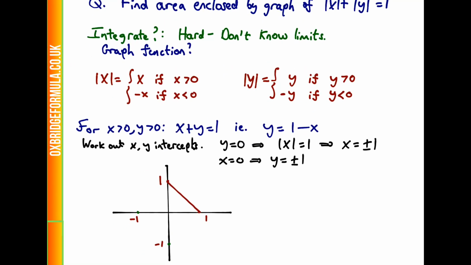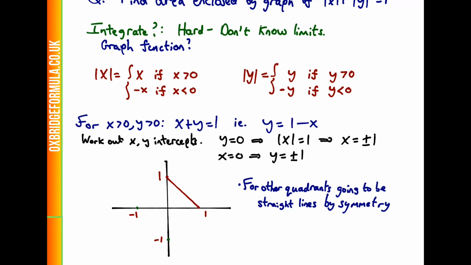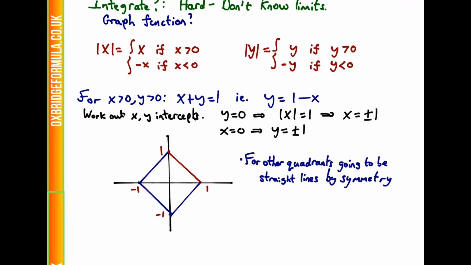Well, the rest of the curve, in the other quadrants, is also going to be straight lines, as you're going to be choosing one of x or -x, and one of y or -y. And because it touches these points, they're going to join these points together. So the only possibility is this shape, where you have straight lines joining these points. And so this is going to be the graph of our function.